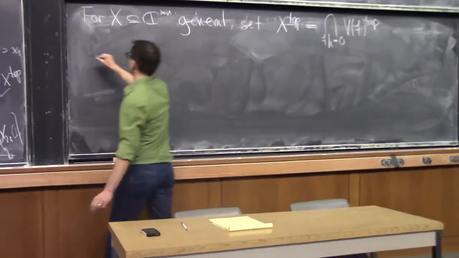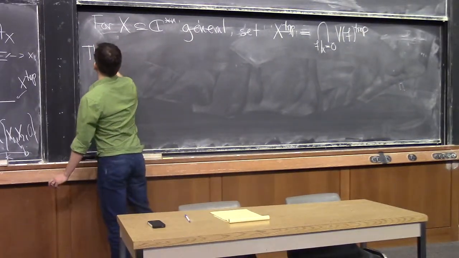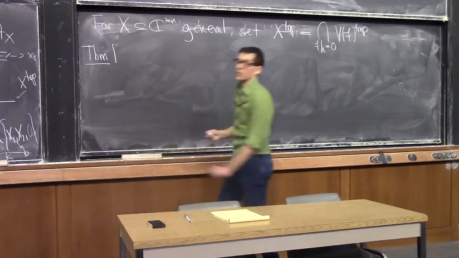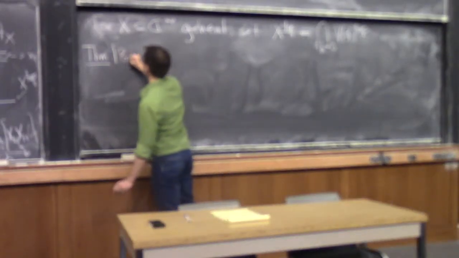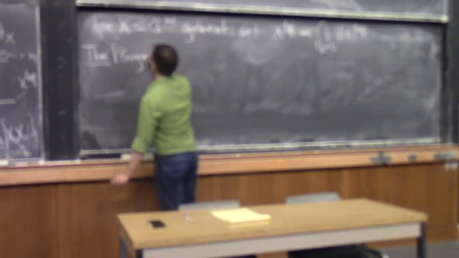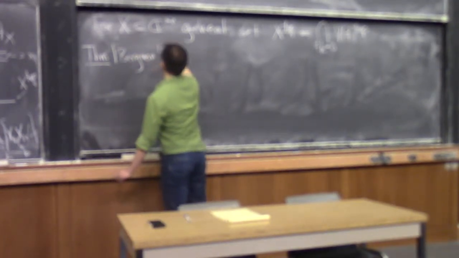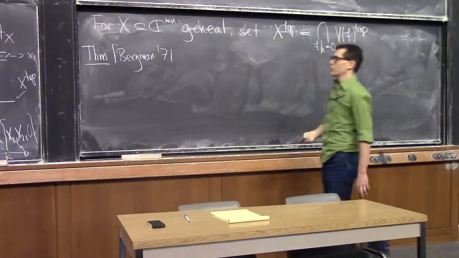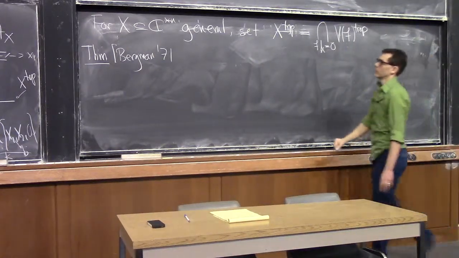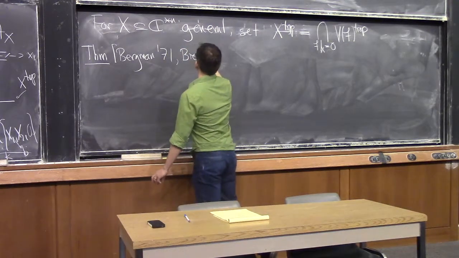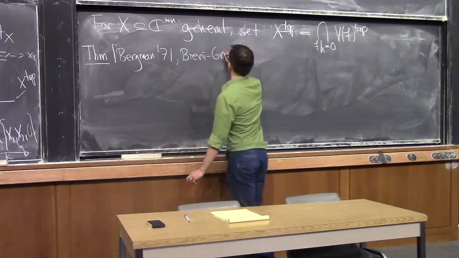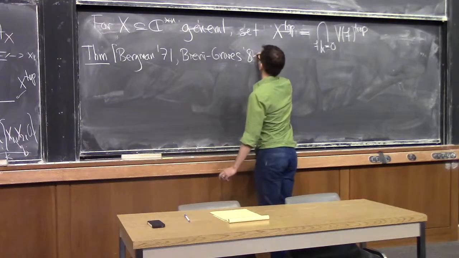So this is a theorem which, I think it's not really stated this way, but you can say it goes back to some relatively speaking old work by Bergman from '71, which is somehow pre-tropical geometry, but a lot of interesting ideas are in there. And then there's also a paper by Thierry Groves from '84.